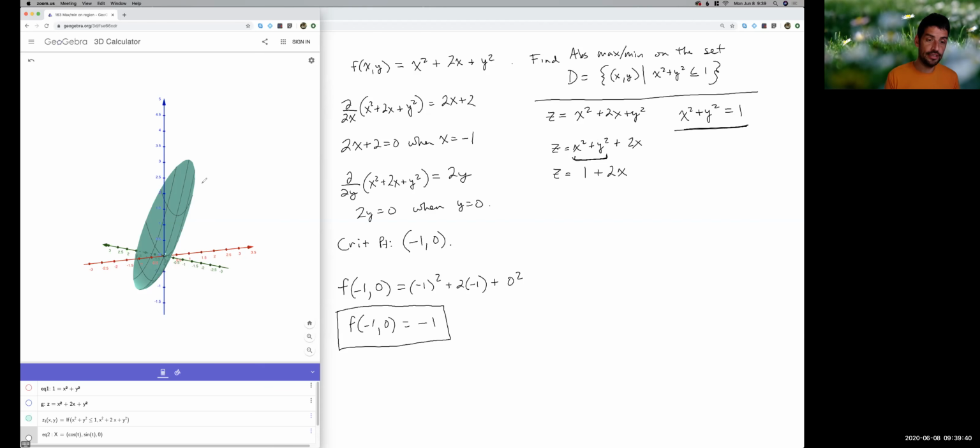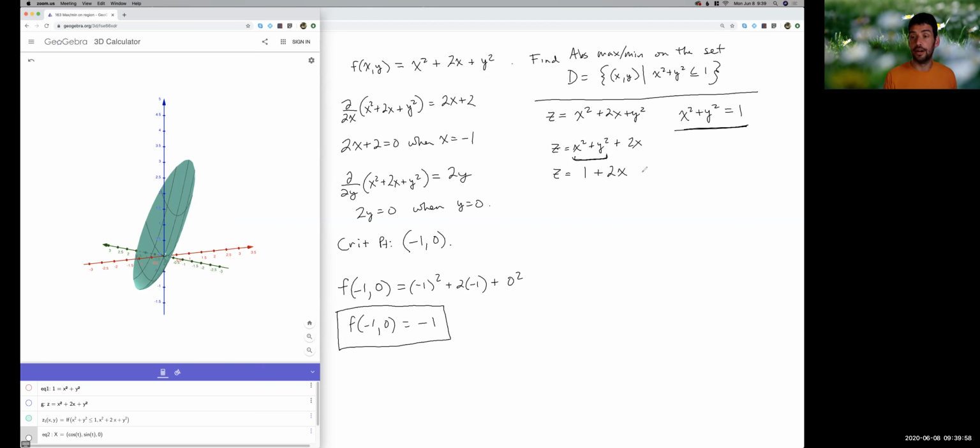So every point on this boundary is equal to x squared plus 2x plus y squared, but on the boundary, x squared plus y squared is 1, which means we can evaluate on the boundary as 1 plus 2x, and that will give us the same points.